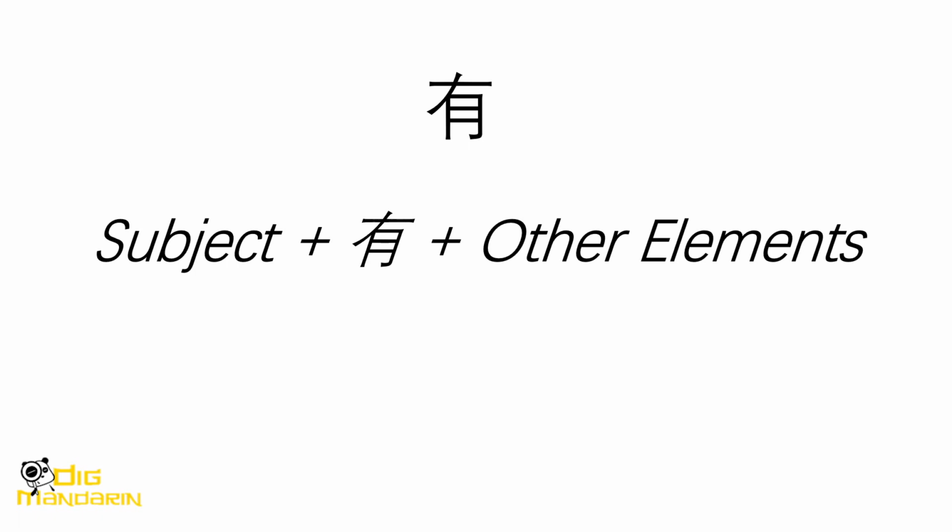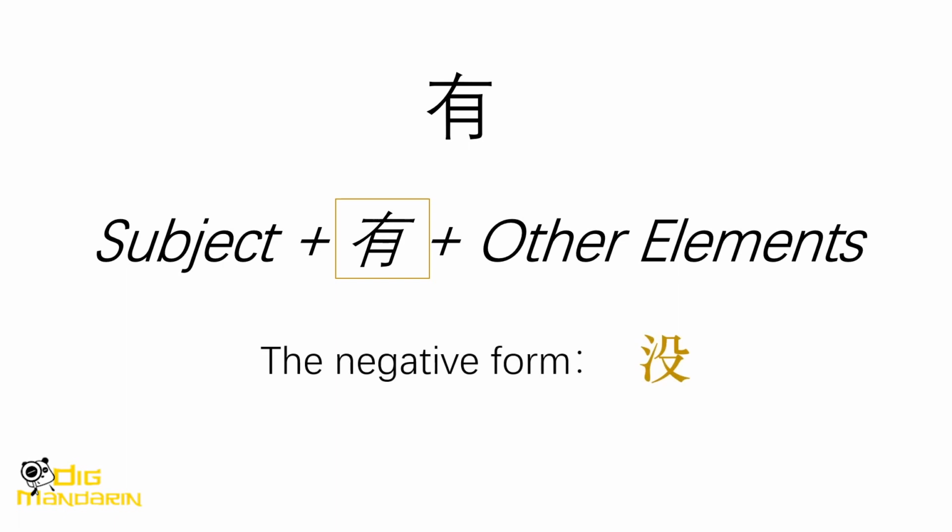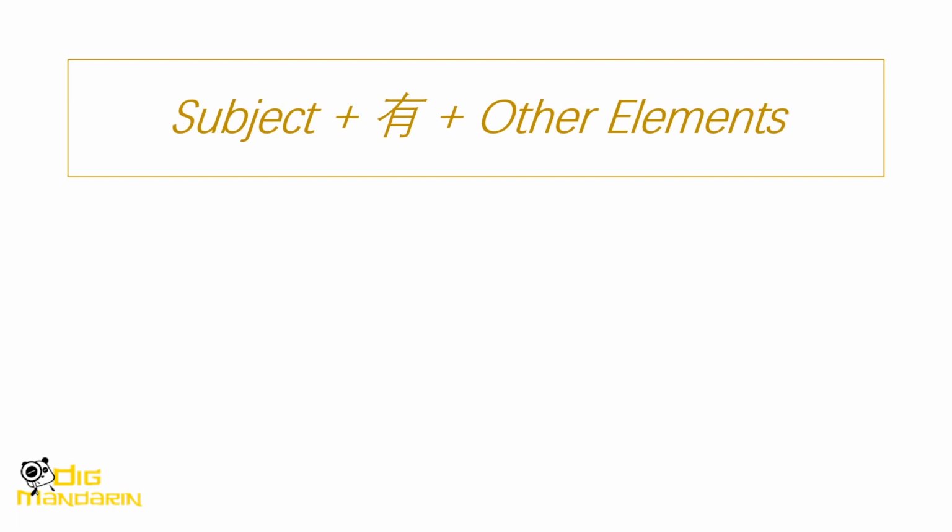So the structure goes subject plus 有 plus other elements. Well, pay attention to, in this structure, the negation form, we can only use 没. Still, let's look at some examples on how we can use this structure.